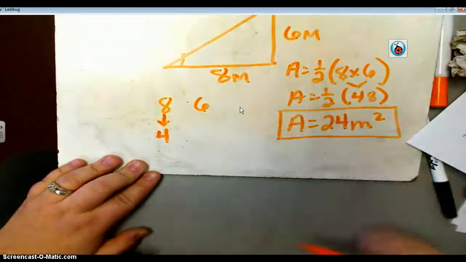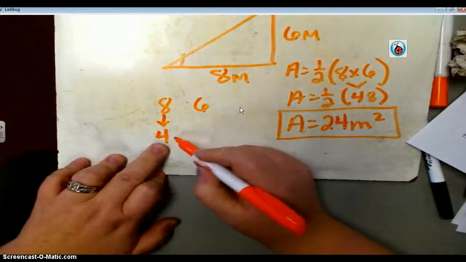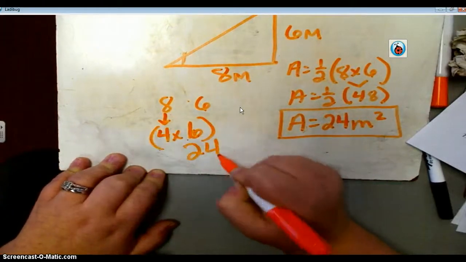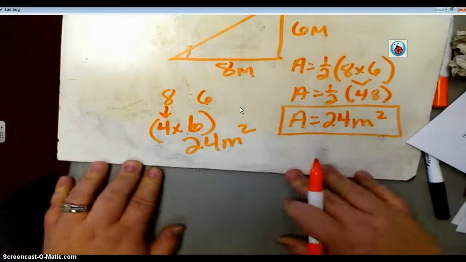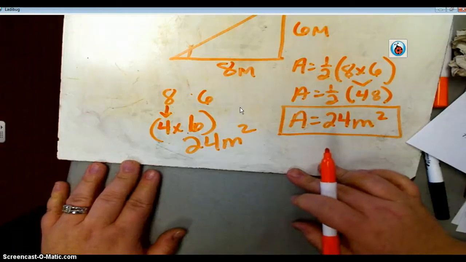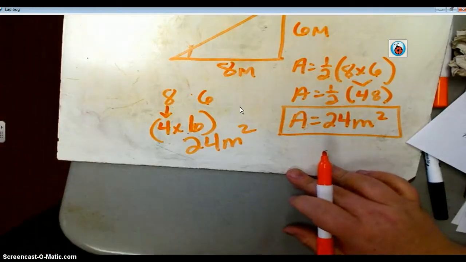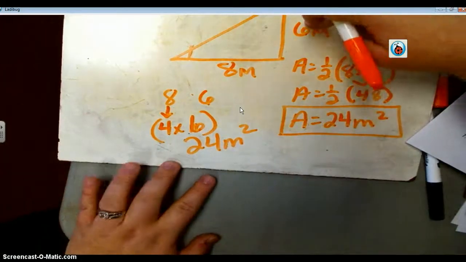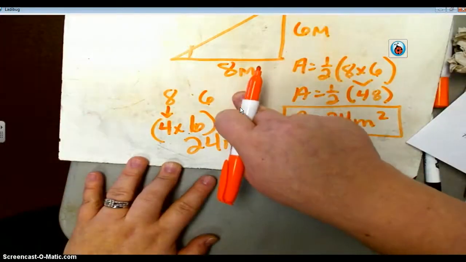That gets rid of the half. Now my base is 4 times my height of 6, which is 24 meters squared. Okay? They're both easy. No, as long as one of them is even. I could have taken half of 6, as long as I left the other one alone.